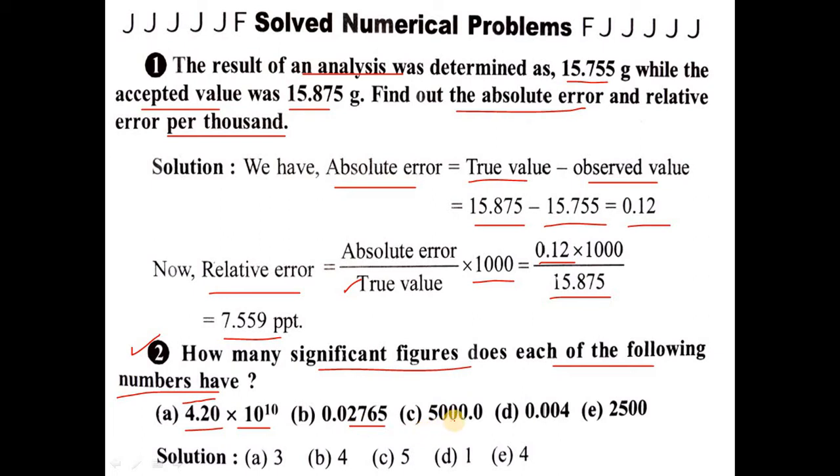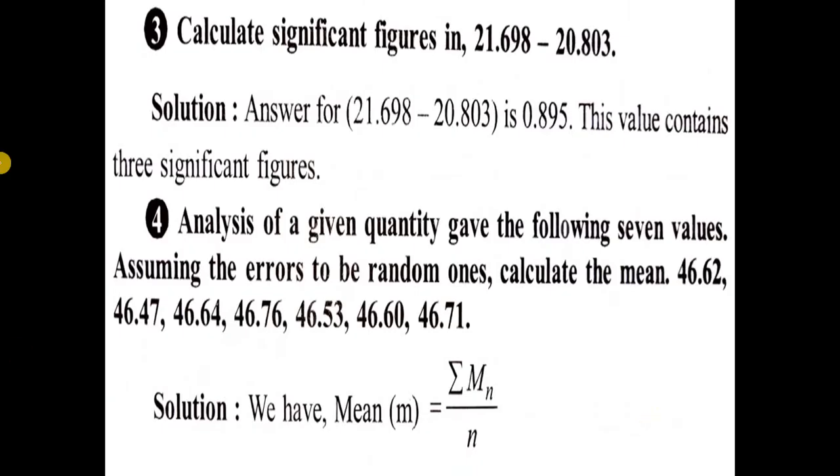In the third, 5000.0, the significant figures are all 5. Then in this number, 0.004, there is only one significant figure, and the last one has a total of 4 significant figures.